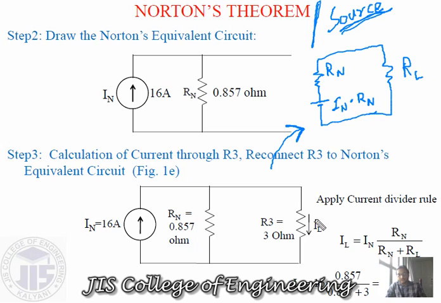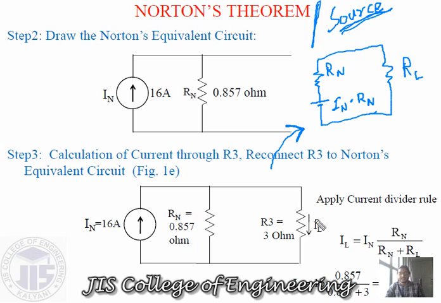So in Thevenin's theorem we connect the voltage source, the Thevenin resistance and the load resistance in series with each other, and for Norton's theorem we connect the Norton current or short circuit current, the Norton resistance and the load resistance in parallel with each other.